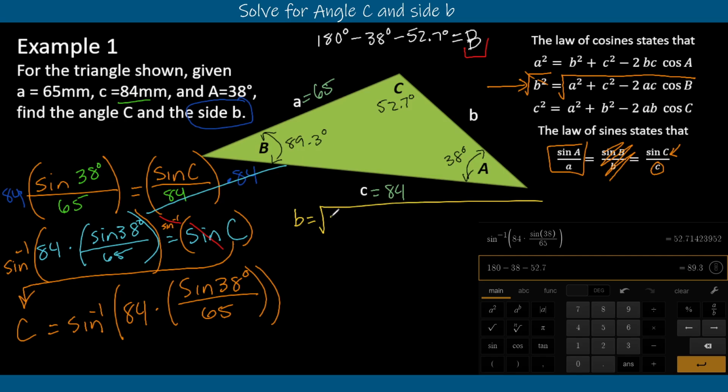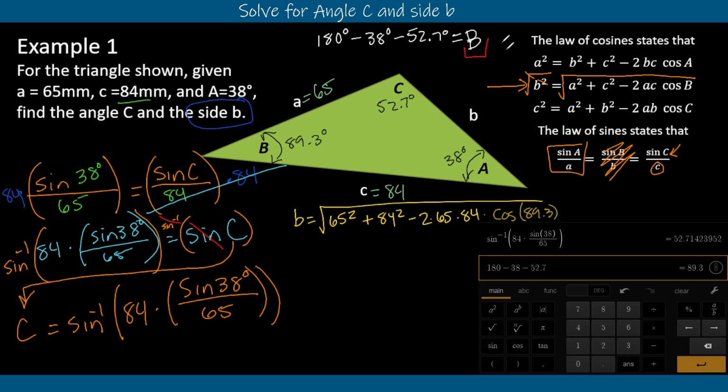We know what that is. It's 65, right? 65 squared plus C squared, 84 squared, minus 2 times A, 65, times C, 84, times the cosine of our B variable, which we just found out was 89.3.